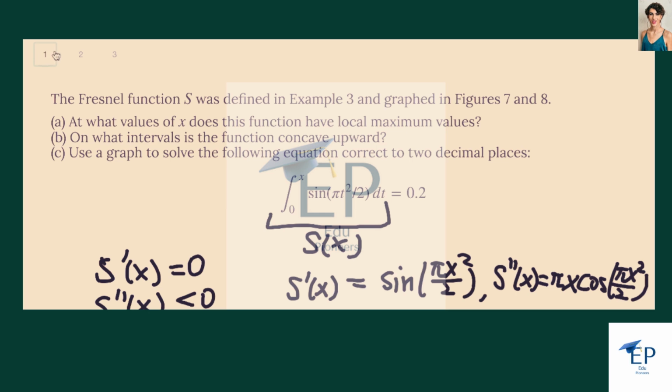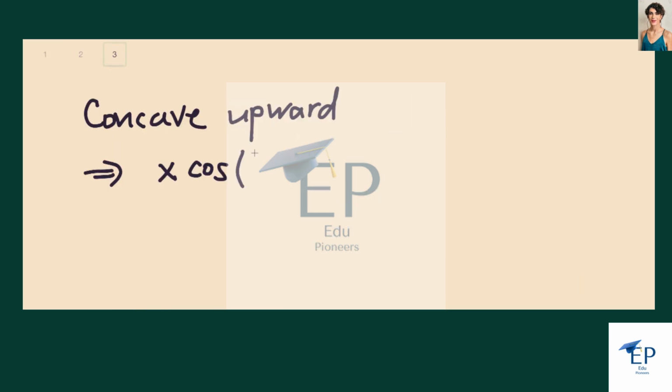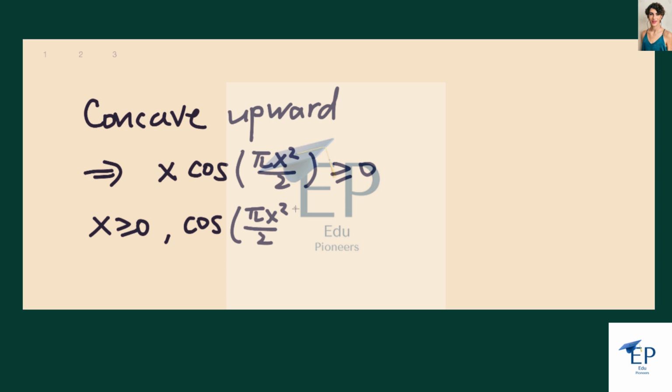Pi is a constant, it does not change the sign. So pi x squared over 2 and cosine of it should be positive, so it's either both positive or both negative.